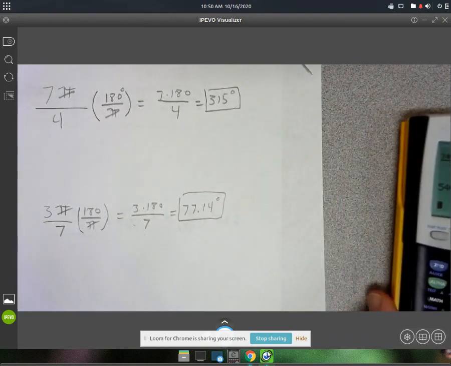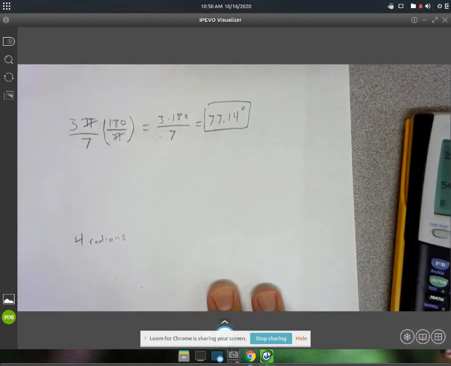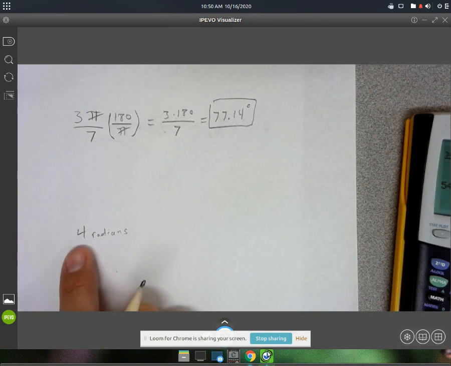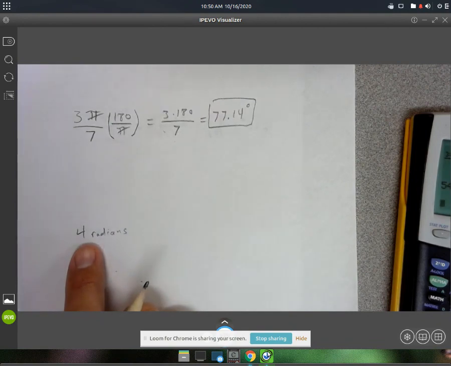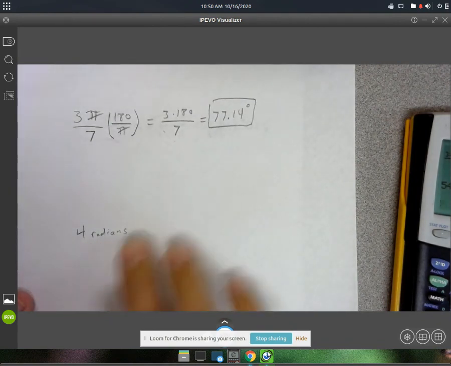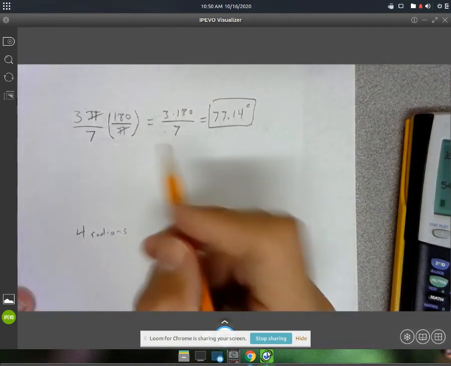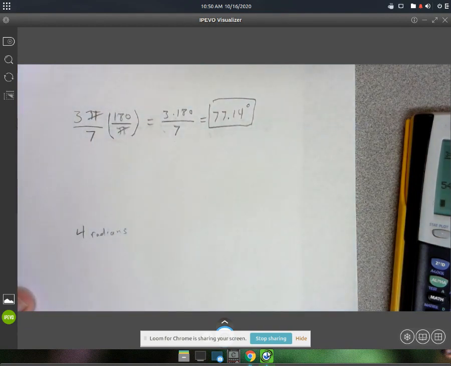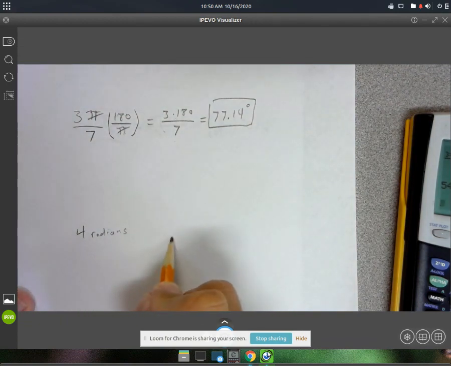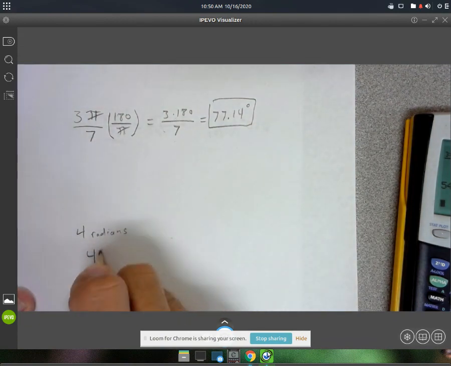All right, the last one is probably the strangest. Instead of the radians being in terms of pi, you can also express radians just as regular numbers, so without the pi. So unfortunately, the pi's won't cancel like they did before. You'll do the same thing. Since you're converting from radians to degrees, you're going to multiply the 4 by 180 over pi.